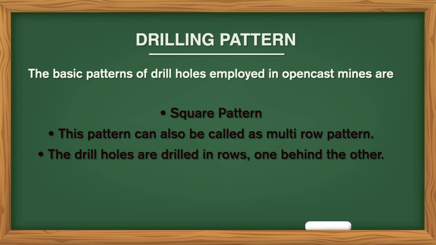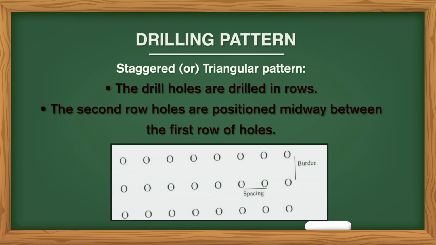This pattern can also be called multi row pattern. The drill holes are drilled in rows, one behind the other. Staggered or triangular pattern. The drill holes are drilled in rows. The second row holes are positioned midway between the first row holes.